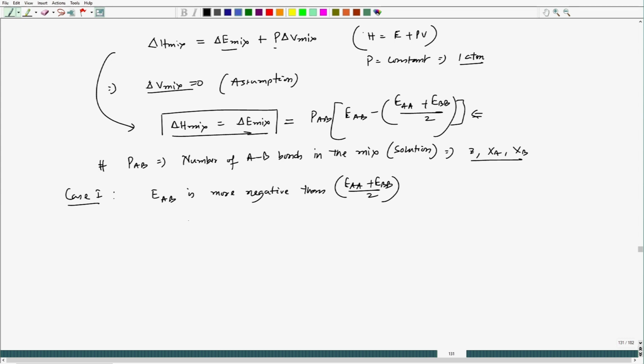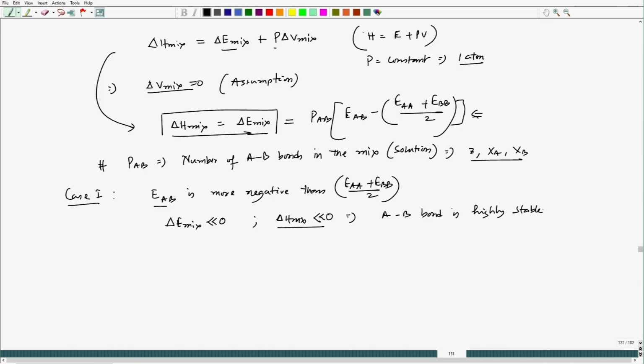In that case, this particular difference is considered, or we can say that del E mix is less than 0, or del H mix is less than 0. This EAB value is so highly negative that there could be a situation like this. An extremely negative value suggests that the AB bond is highly stable.